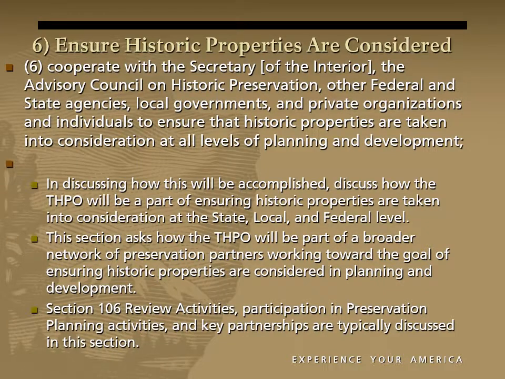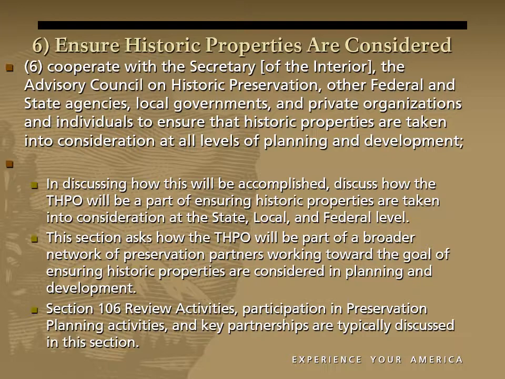Function 6 is closely related to Function 5. This function, however, asks that the THPO cooperate with other entities to ensure that historic properties are taken into consideration at all levels of planning and development. Like Function 5, Function 6 is generally assumed. In discussing this function, discuss how the THPO will be a part of ensuring that historic properties are taken into consideration at the tribe and at the state, local, and federal level.